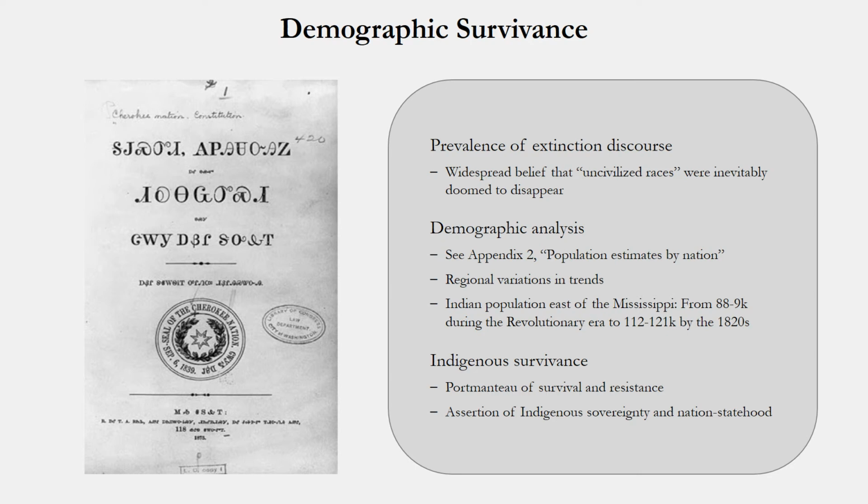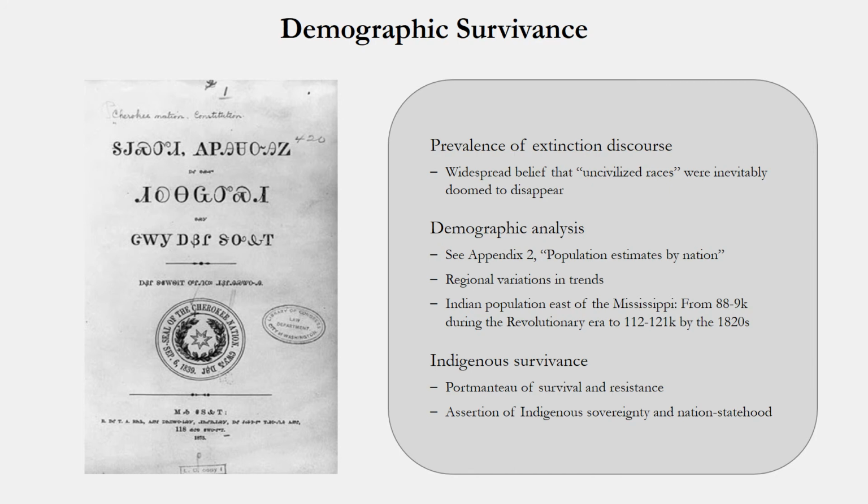During the removal era, this form of survivance was manifest in dramatic cultural and political developments, especially among some of the southern tribes, the Cherokee in particular, who established their own written constitution that reaffirmed their sovereignty as a nation state. This really was the heart of the so-called Indian question, which, by the way, was how it was phrased at the time.